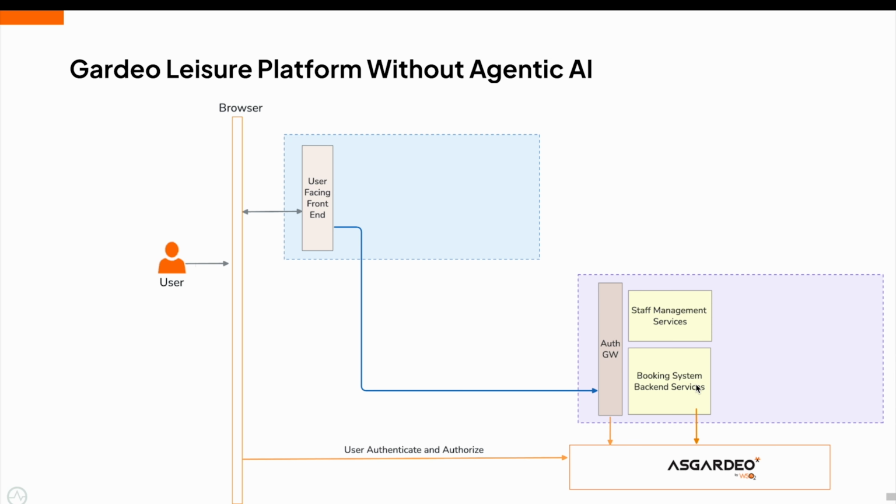And then there are a set of backend services that will cater to this particular hotel management business app, which has APIs for finding out available hotels, making a booking, doing the payments and so on.